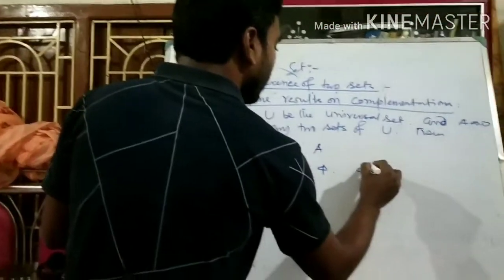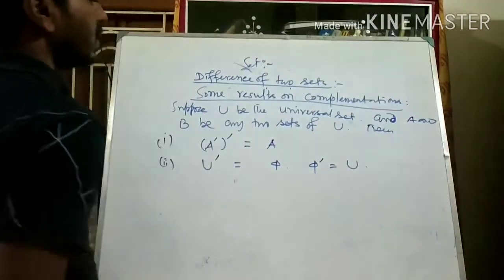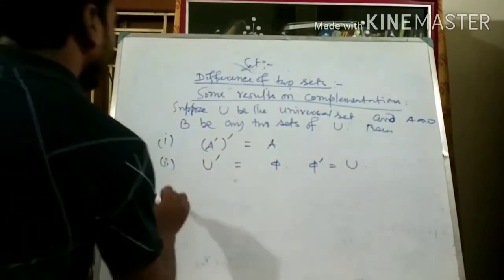The complementation of phi is equal to the universal set itself.